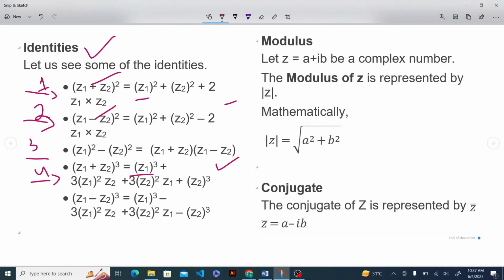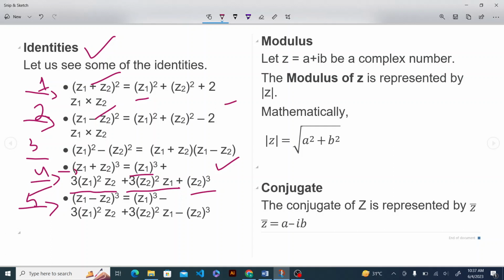See, z1 cube is the first term, the second term is 3 z1 square z2, the third term is 3 z2 square z1, the fourth term is z2 cube. These four terms are added up and this whole term will be equal to the left hand side, where two complex numbers are added and the whole cube is taken. So this is the fourth identity for complex numbers.